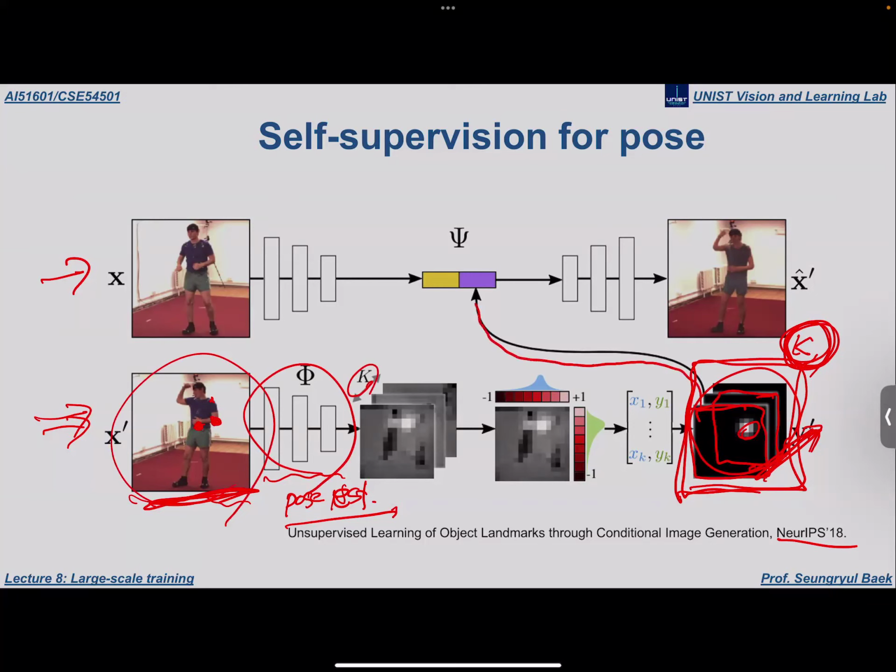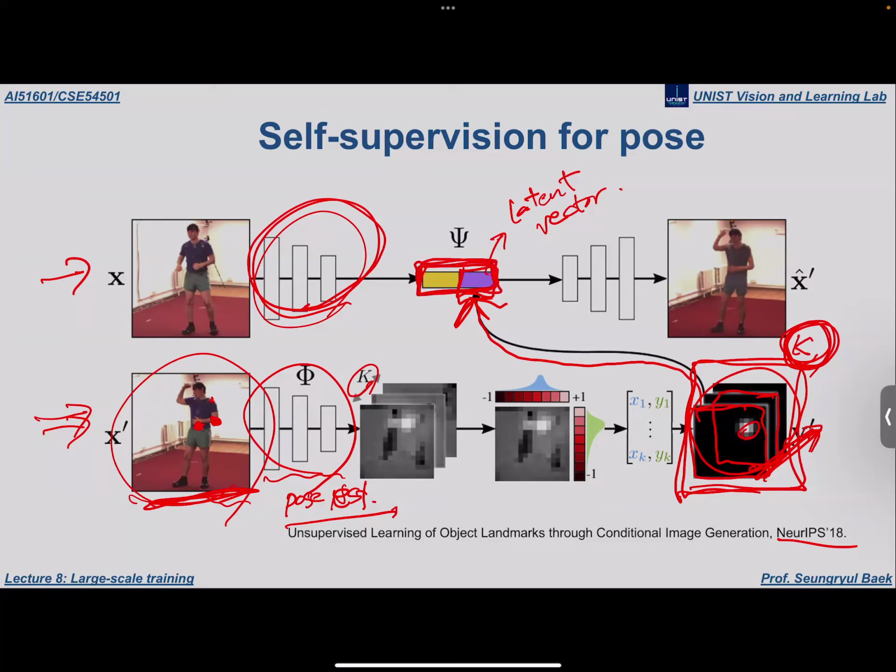And we will use this output as the latent vector for this second network. We expect that this latent feature vector is composed of two parts. The first is the human information, and the second part is the pose. So the first part of the feature encodes human information, and the second part encodes pose features.